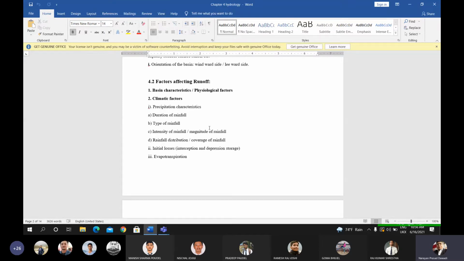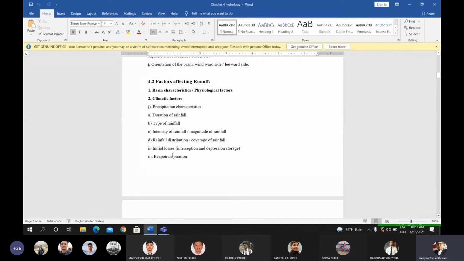If the rainfall is confined to a certain small area, then only that small area's water will flow into the river, so the discharge of the river will not increase as it does when rainfall covers the whole area. If the rainfall occurs over a larger area, the larger area receives a greater precipitated amount that flows towards the river, so the river discharge, that is runoff, will be high.